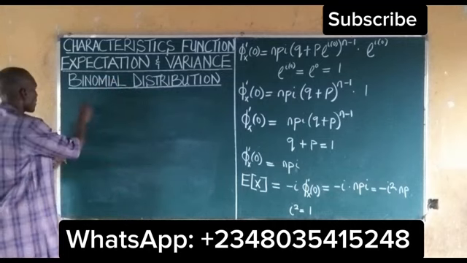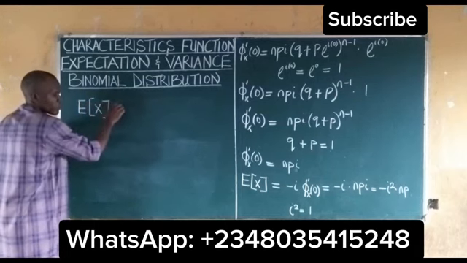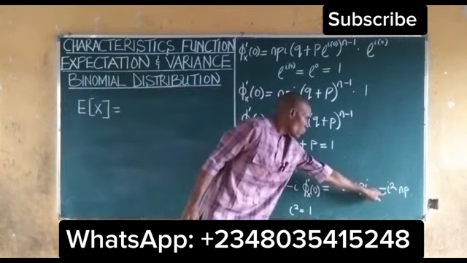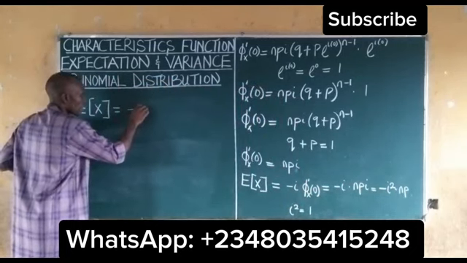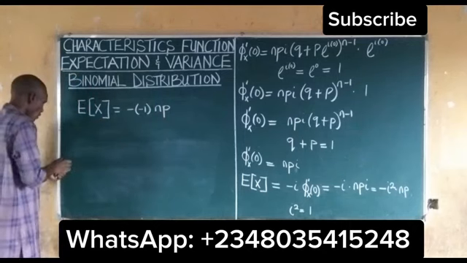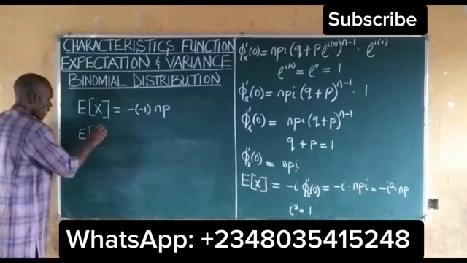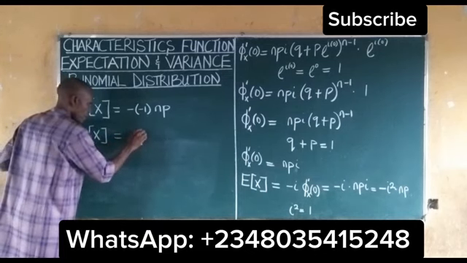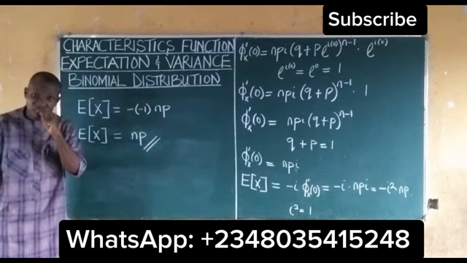Since i squared is equal to negative 1, it means that we have negative 1 times negative n p. Therefore, our expected value of x is equal to np. So we have np as our expected value of x.